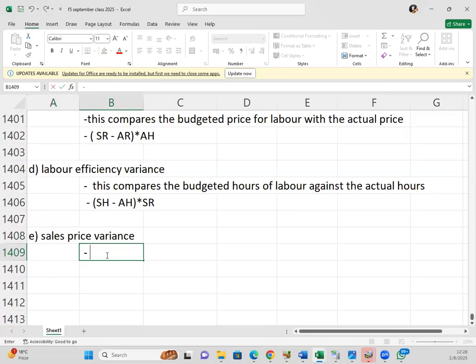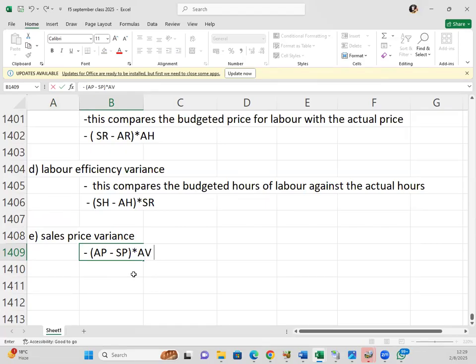For the sales price variance, we start with the actual. So we're comparing the actual price with the budgeted price. It's the actual price minus the standard price times the actual volume.